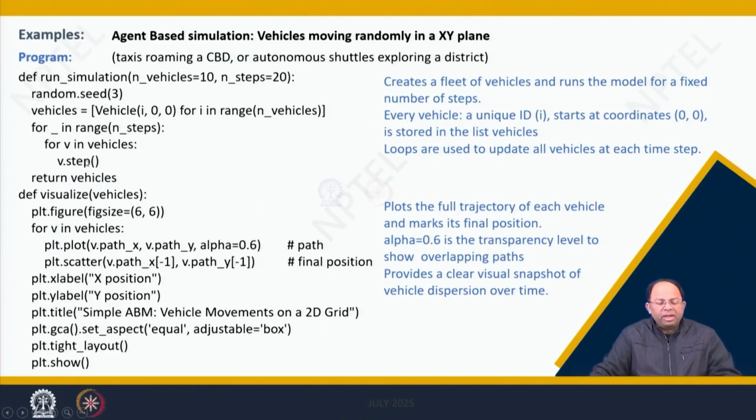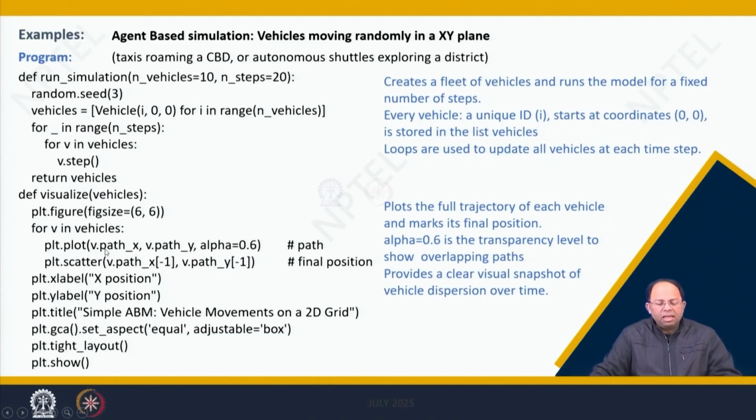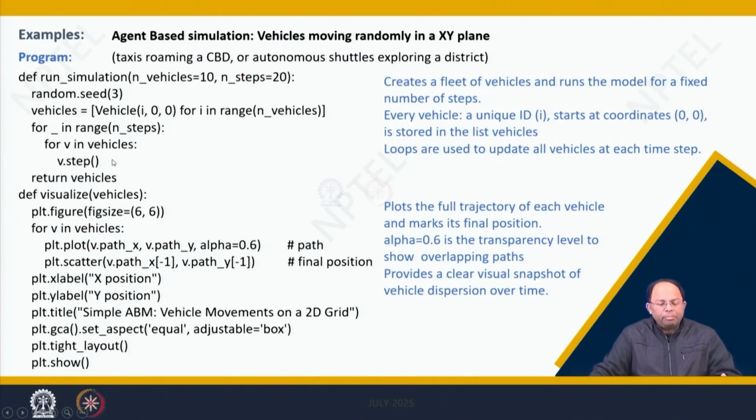That means we are calling the step function, and when we are returning the value, we are storing it in the path. And then eventually this function helps us to simulate the entire set of vehicles.